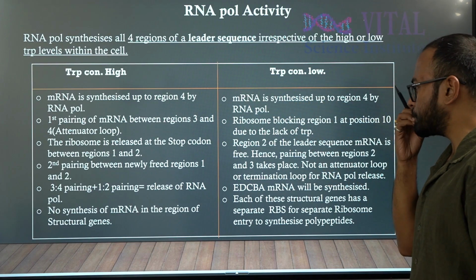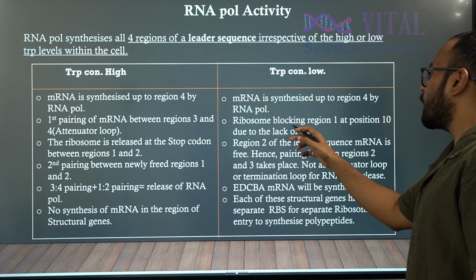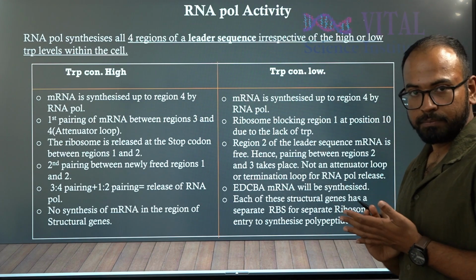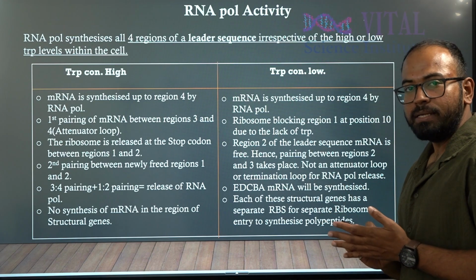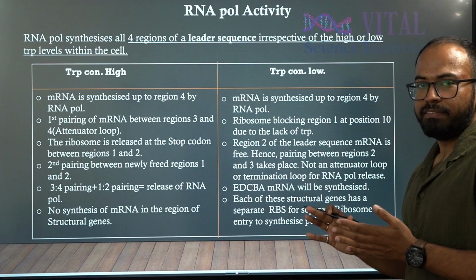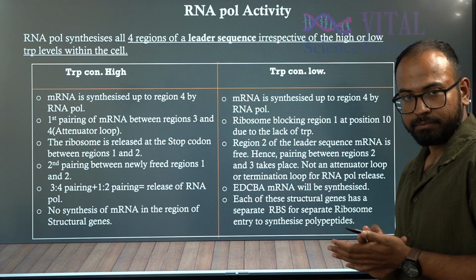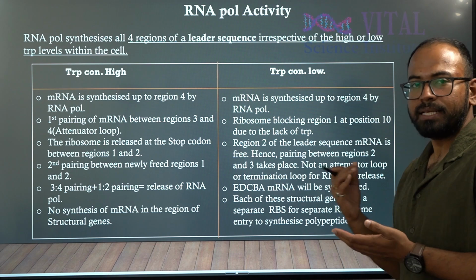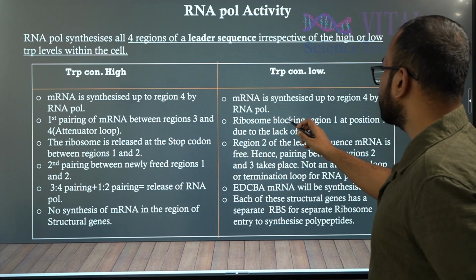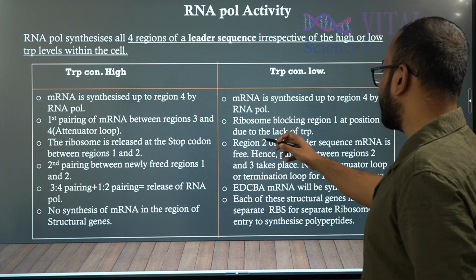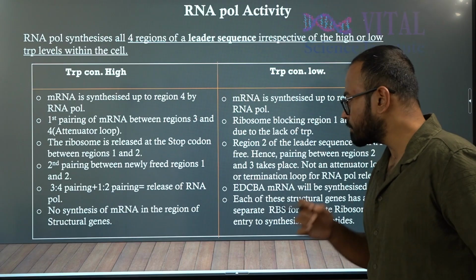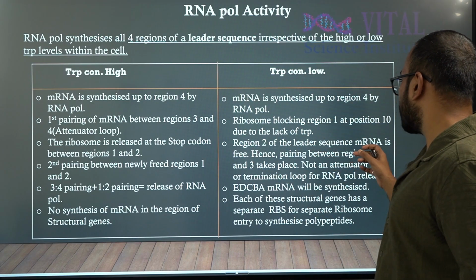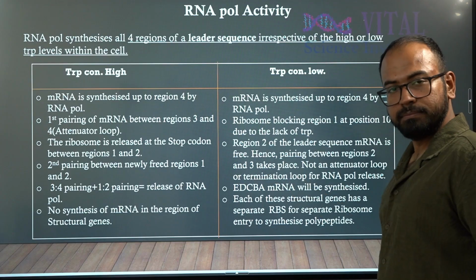Typical example, ribosome blocking at region 1. Why? Because tryptophan level is low. Tryptophan level low means at the 10th and 11th positions we are not getting tryptophan. When tryptophan is not there, the ribosome is stalled. As simple as that. So the ribosome is blocking region 1 at positions 10 and 11 due to lack of tryptophan. Region 2 of the leader sequence within the mRNA is free.